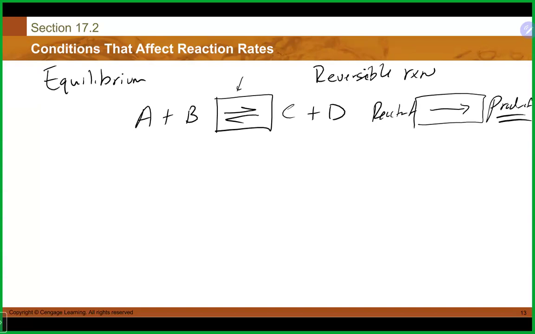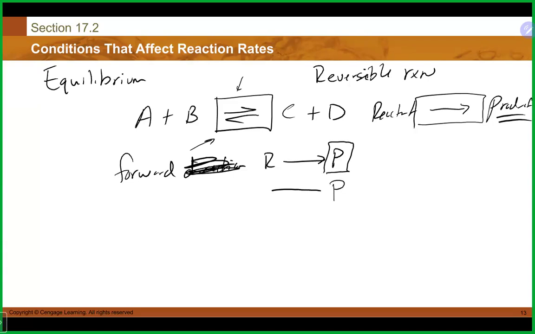And in a reversible reaction, there is a forward direction of this reaction where it goes from reactants to products. And in that forward direction, at some point, you will build up enough products that the products will decide to react with each other and go back in the other direction.